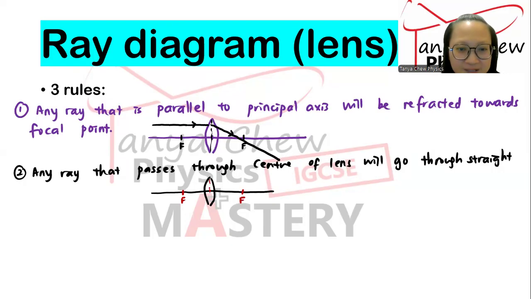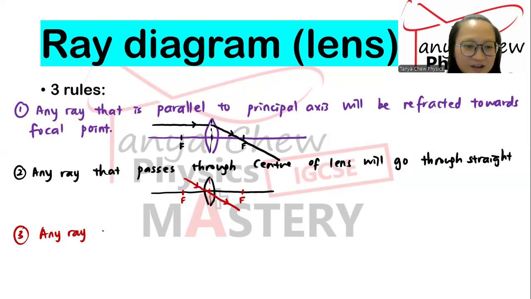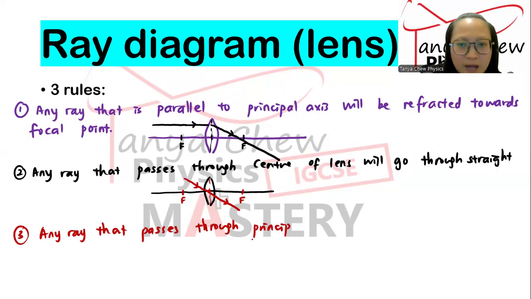If the ray passes through the center of the lens, it would just go through straight like this. Is that okay? And the third one, any ray that passes through the principal focal point first.